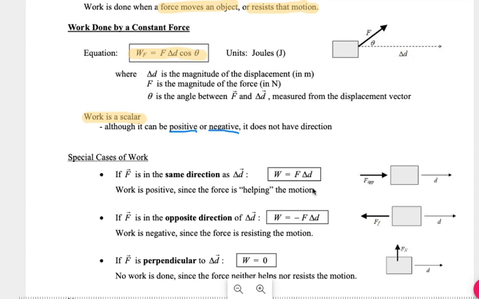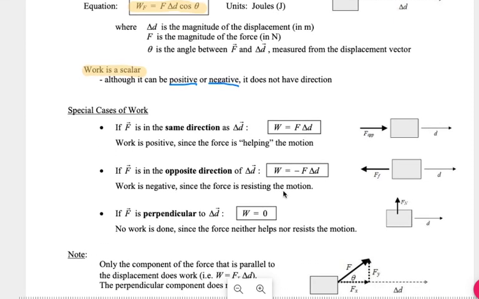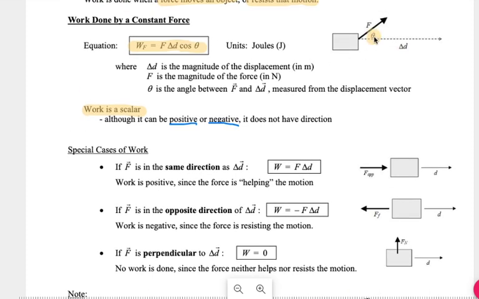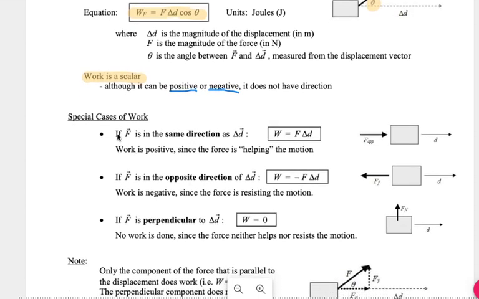Okay, so here's where we explain the angle in our special cases, this ever important and kind of weird angle between our force and our displacement. When force is in the same direction and parallel to our displacement, this is our grade 10 version, the simplest version of work.